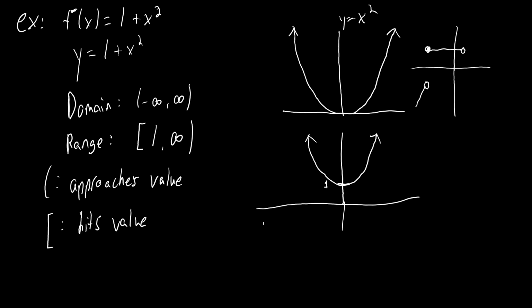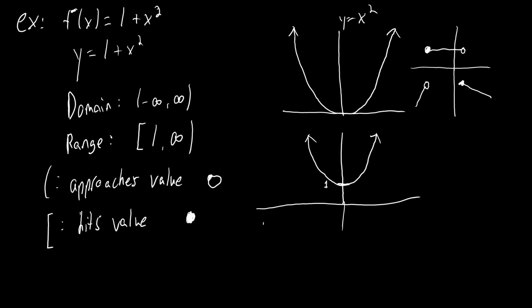If this looks familiar to you, these are the same. When it's a filled-in dot on a piecewise function on a graph, just think of it as a square bracket. Hopefully that didn't confuse you too much. Just know that when you're doing anything on a graph, if it hits the value, you want a square bracket. If it doesn't hit the value, then it's a round bracket.